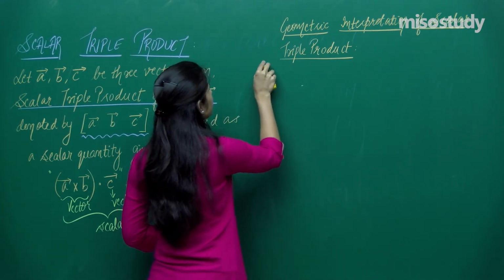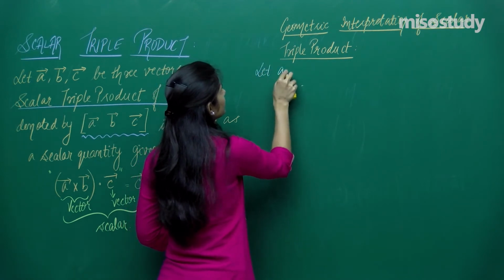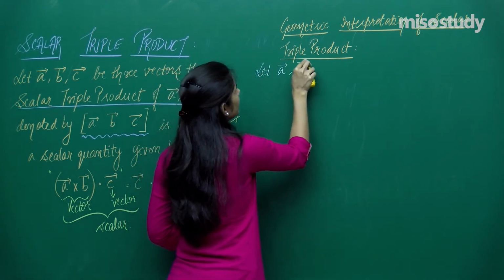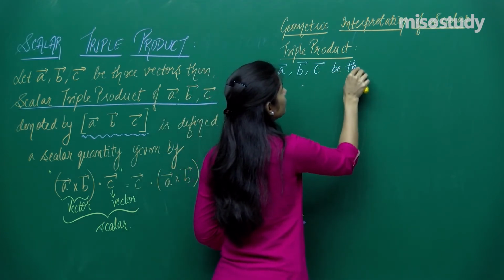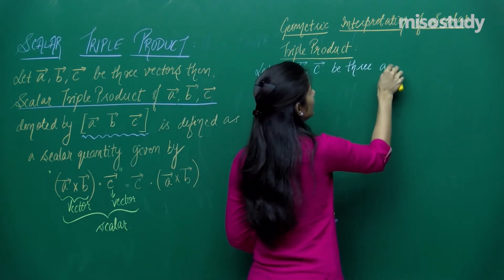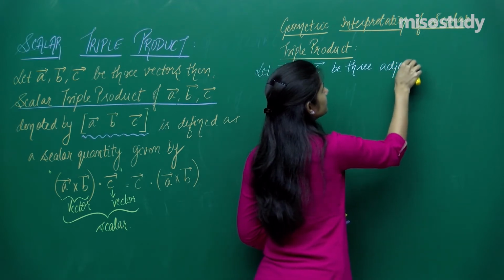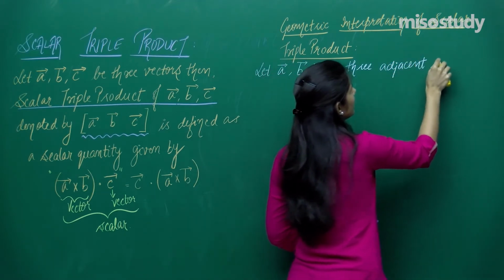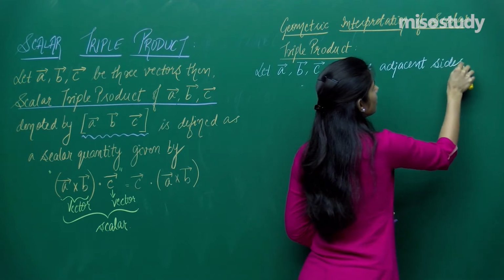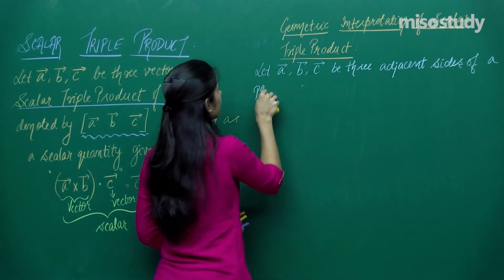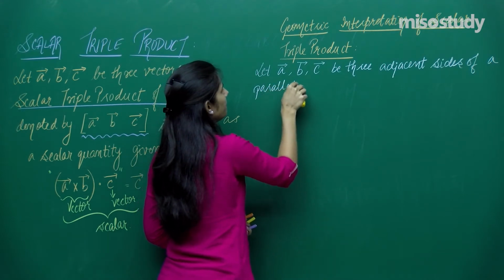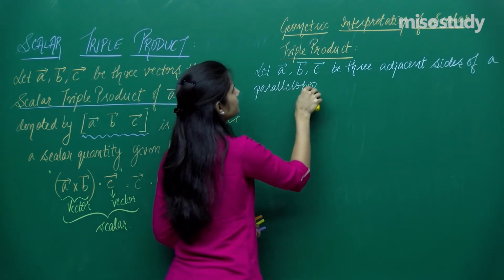I'm saying let A vector, B vector, C vector be 3 adjacent sides of a parallelopiped.